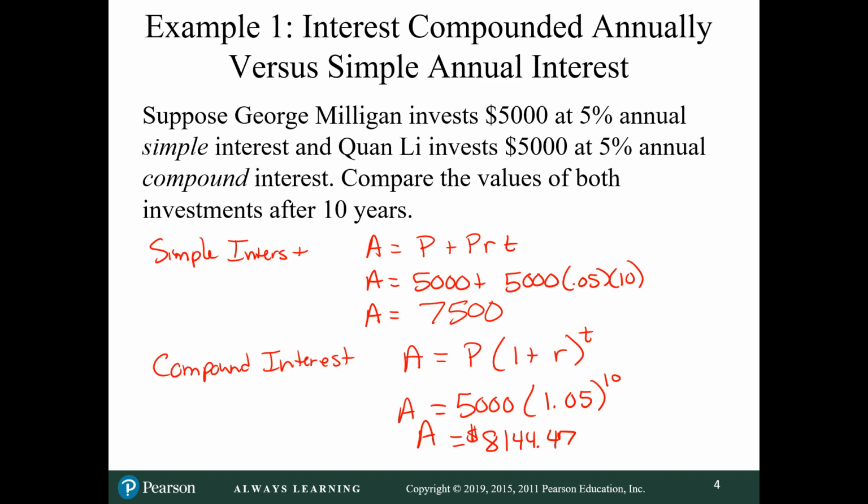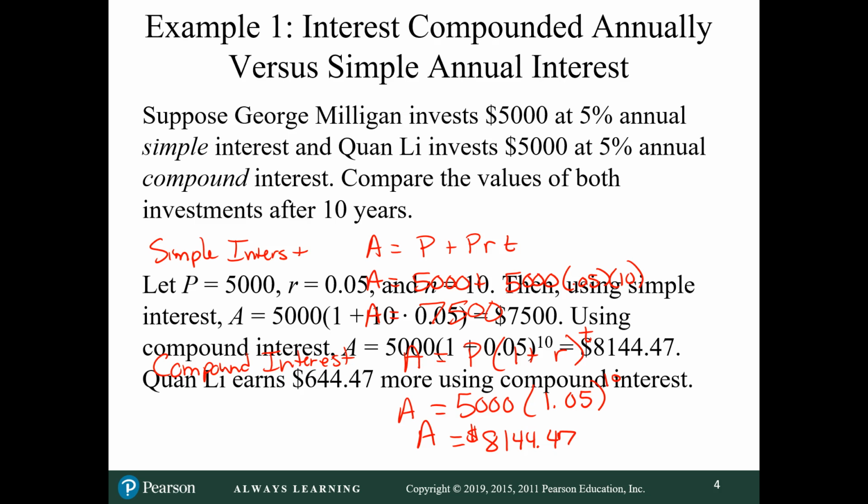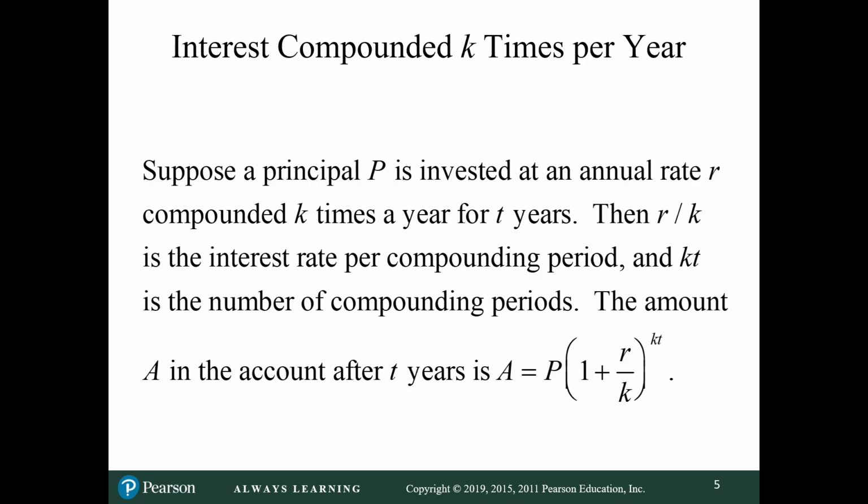This one, first year is $250, second year is probably $270, third year is probably $290, and so on. Because it's compounded off of a different number. This is compounded off the same number each time. This one is taken from a different number. That's compound interest. So the more you have it compounded, the better off you are.